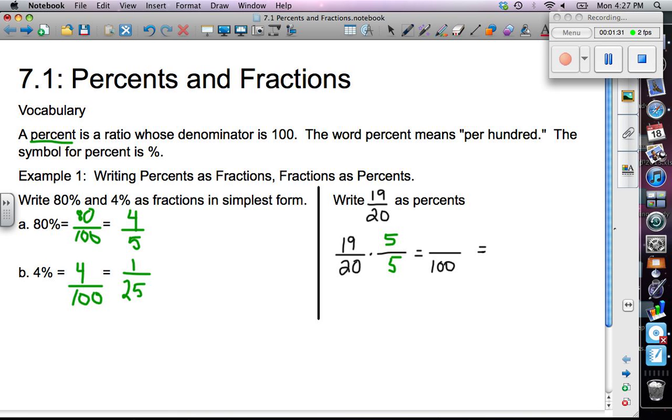So we'd get 95 over 100, which is the same as 95%. So now you can see an example of how you go from a percent into a fraction, and also how you go from a fraction to a percent.